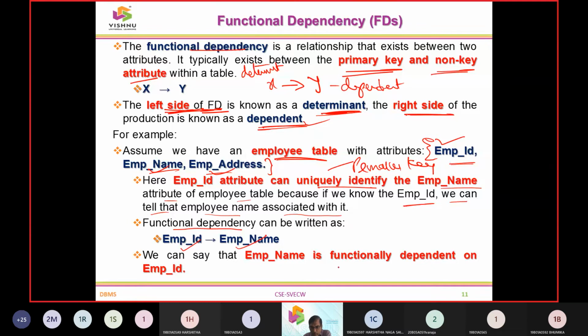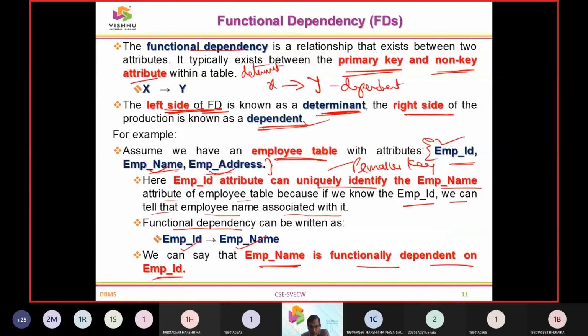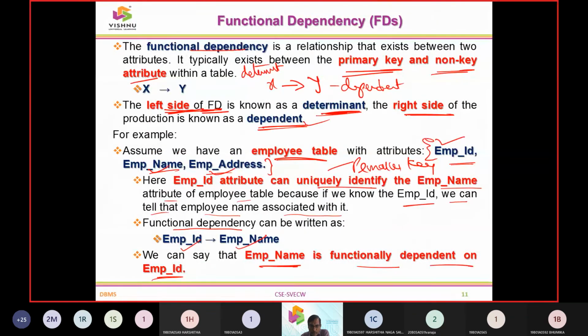We say employee name is functionally dependent on employee ID, or employee number. That is how we talk about the relationship called functional dependency.